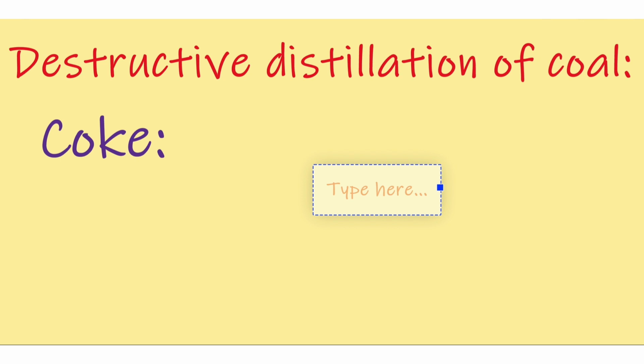Coke is generally a hard and porous substance, and let's see what it is used for. It is used for domestic uses, like in stoves, in industries, as well as in homes.